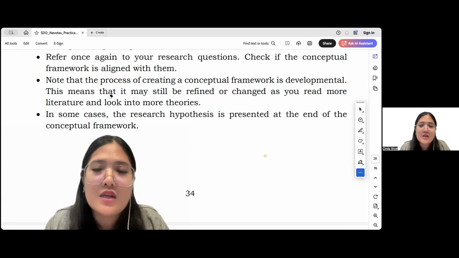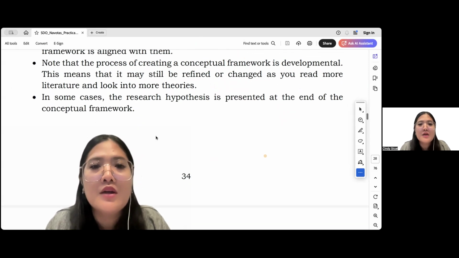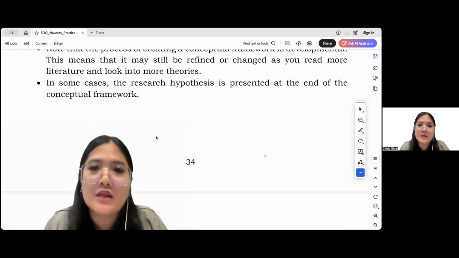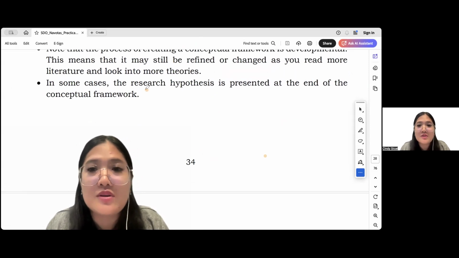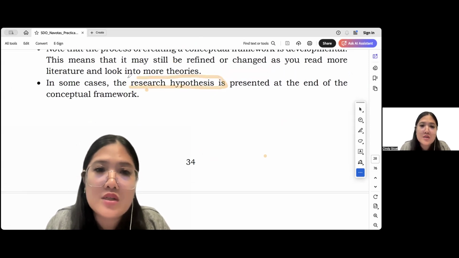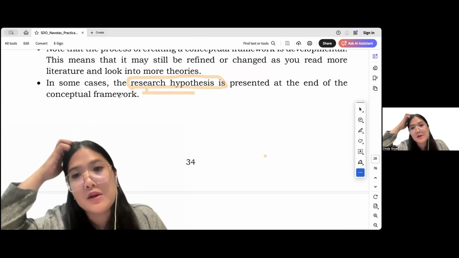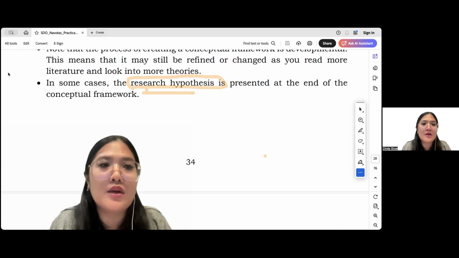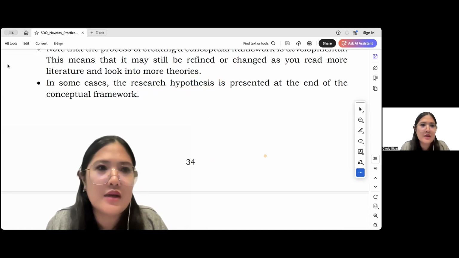As you read more, as you look into more theories, as you get to know more about your paper, there could be chances that you could change a part here and there. In some cases, the research hypothesis is also presented, but of course, you have to double check if there's a need for you to do so. In some papers, they would present the research hypothesis at the end of the conceptual framework. I hope we're clear with that.